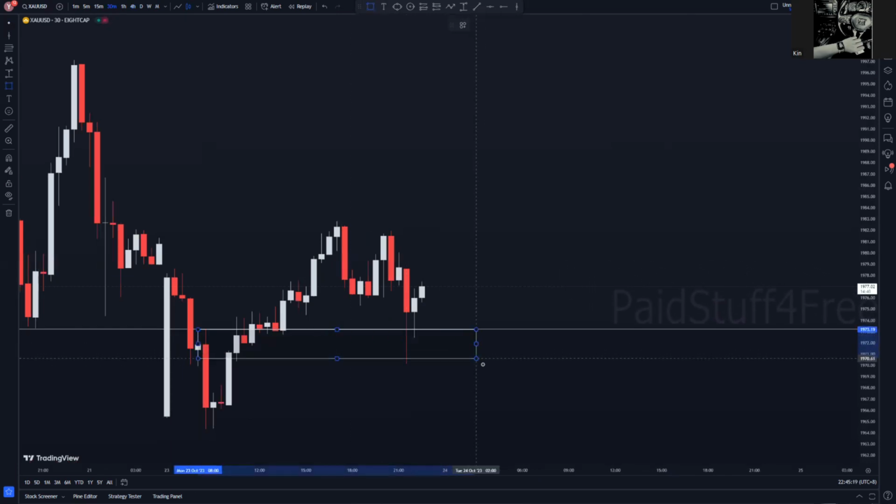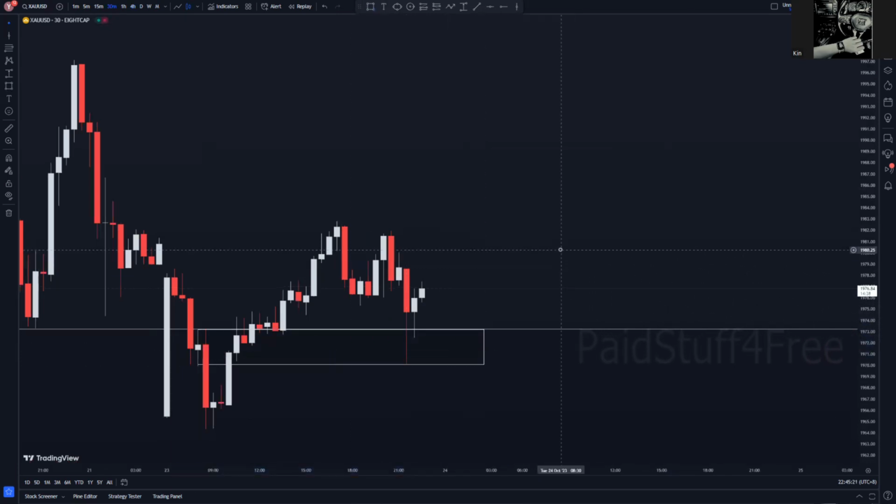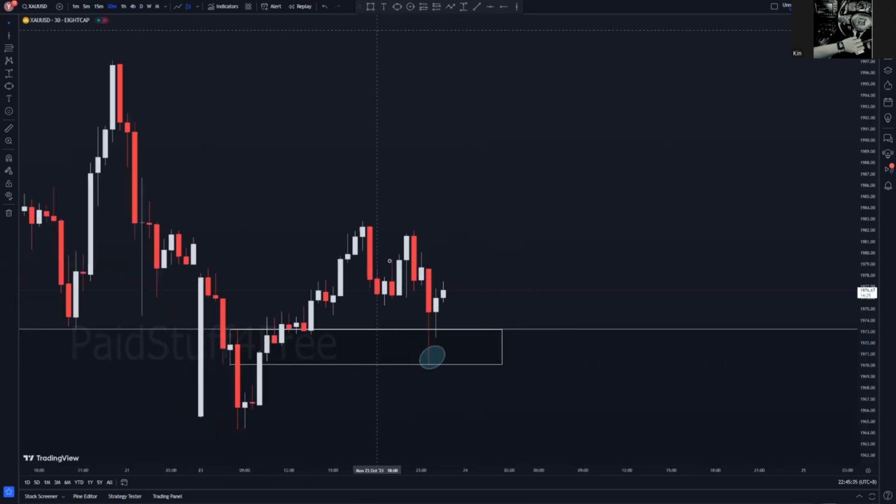First entry, right? Simple. Take the buy somewhere around here, and then the price went up for about 60 pips. And right now the price is currently at the roadblock, right?